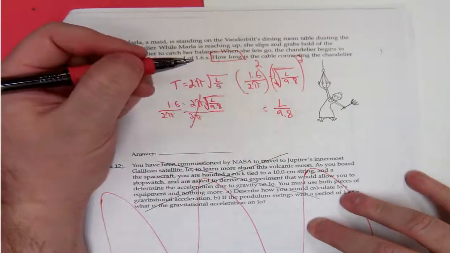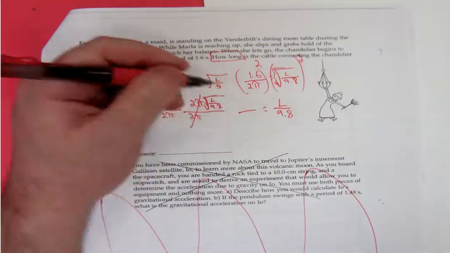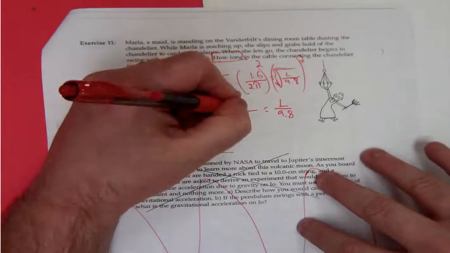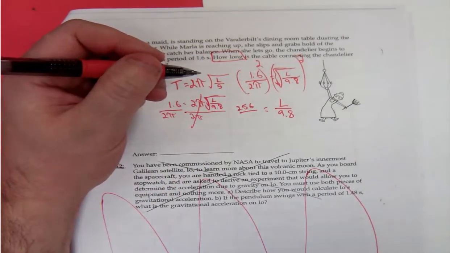equals 1.6. Oh, I guess I should have got a calculator. I did not get a calculator ready. That's okay, because I'm doing it now. 1.6 squared is 2.56, so 2.56 over 2 pi.